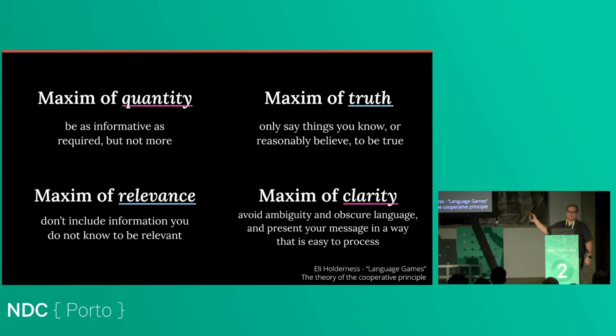If you're more interested in this, Eli did a talk about language games, and I really recommend this because adopting these principles, I think, will make you a better developer in terms of how you write the code and how it's understood by other people.